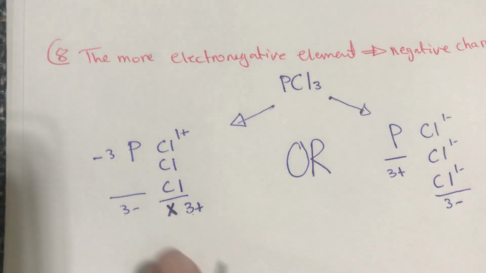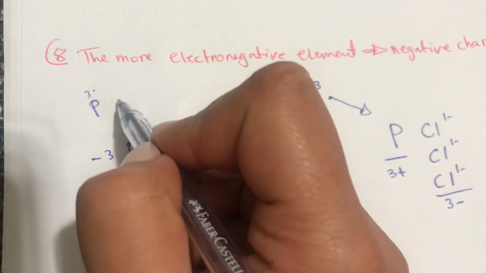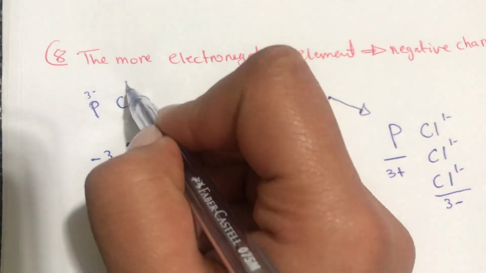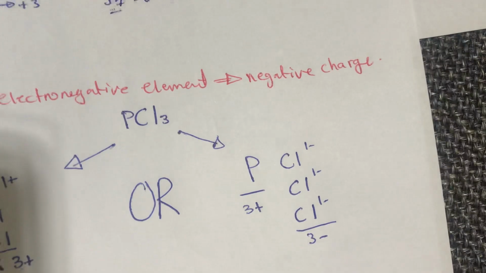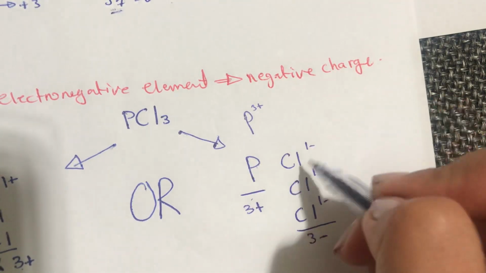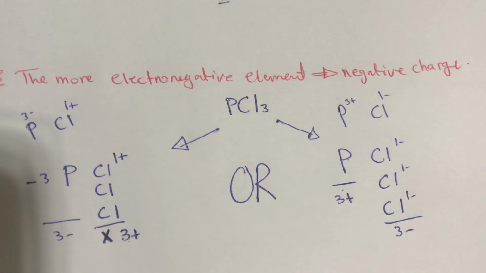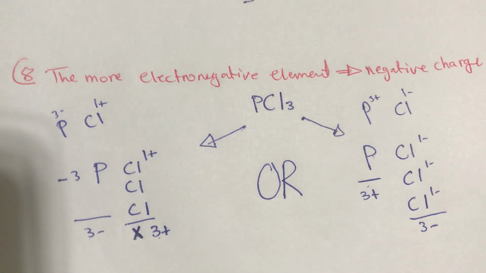So in the first one, the oxidation number of phosphorus is -3 and for chlorine is +1. And in the second one, the oxidation number of phosphorus is +3 and chlorine is -1. Which of these is the correct one?